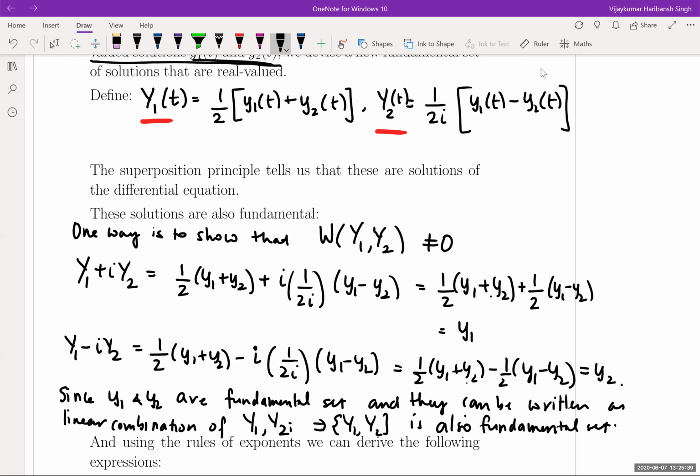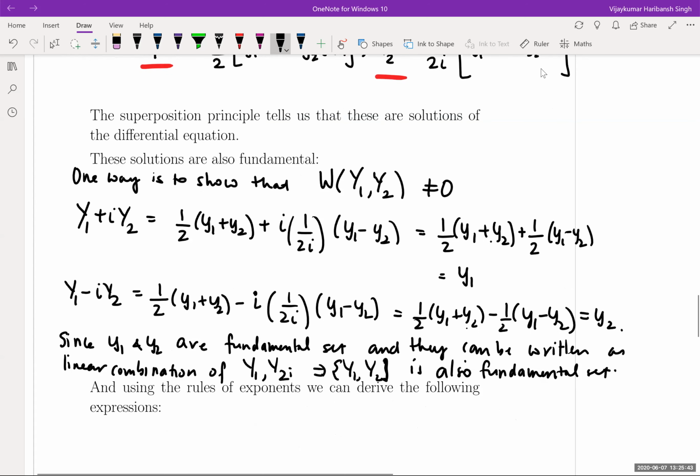So essentially here, what you're proving is that any solution can be written as a linear combination of capital Y1 and Y2. And how are you showing that? You're saying these small y1 and y2 themselves can be written as a combination of capital Y1 and capital Y2, right?